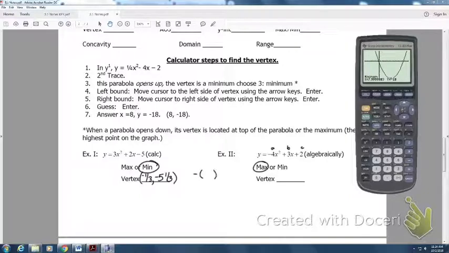My b is 3. My a is negative 4. If I have a negative on that 3, it still stays there. It does not magically disappear. And so the x value of your vertex is 3/8.